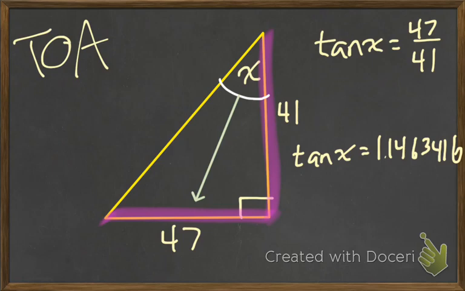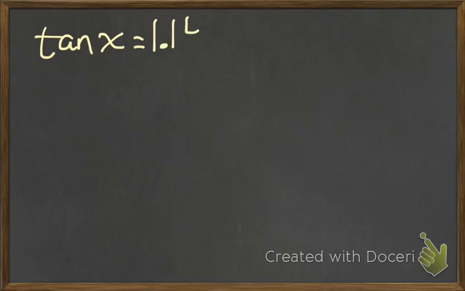But here's how you solve for this. So again, I'm going to look at a calculator question. Okay? So here's how we solve for this. You have tangent x equals 1.1463416.